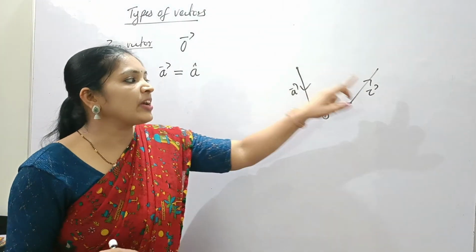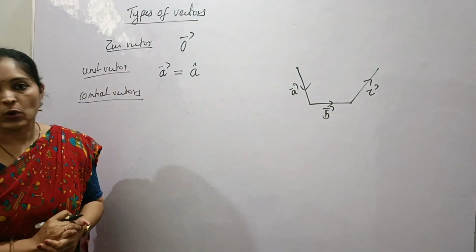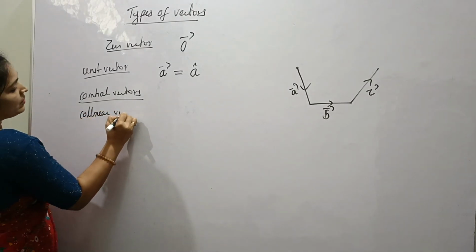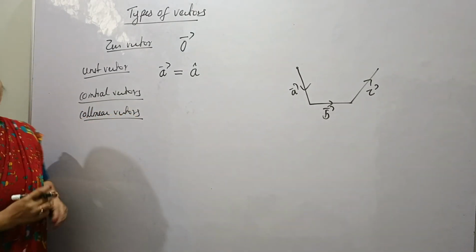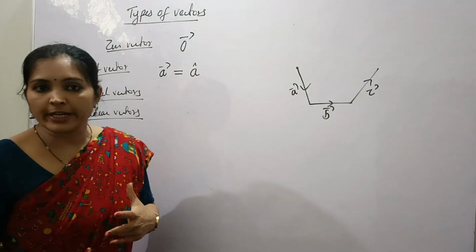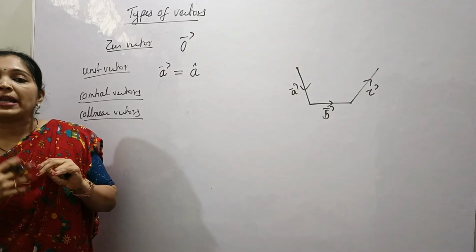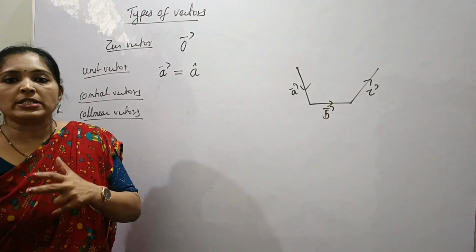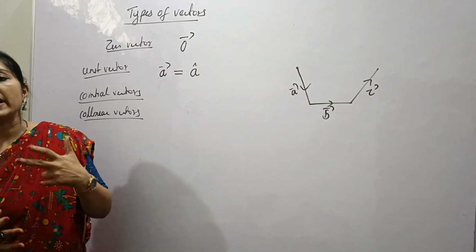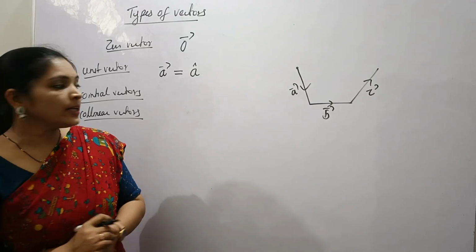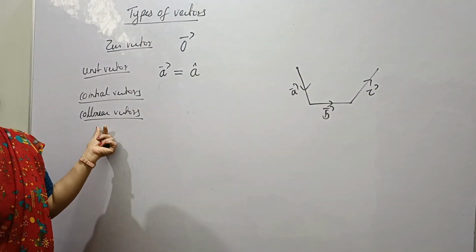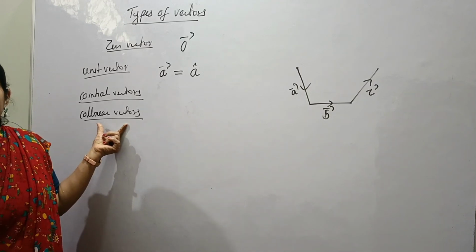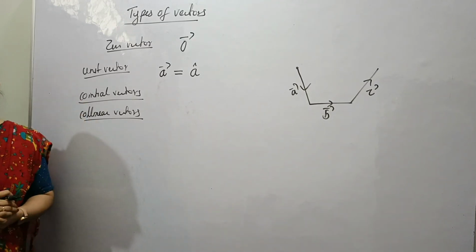Therefore vector A, vector B, vector C are co-initial vectors. Next is collinear vectors. Two or more vectors are said to be collinear if they are parallel to the same line. We studied collinear points: if three points lie on the same line, we say they are collinear points. Here also, two or more vectors parallel to the same line are called collinear vectors.